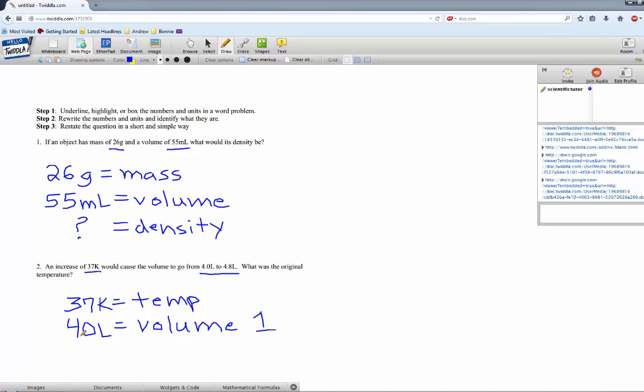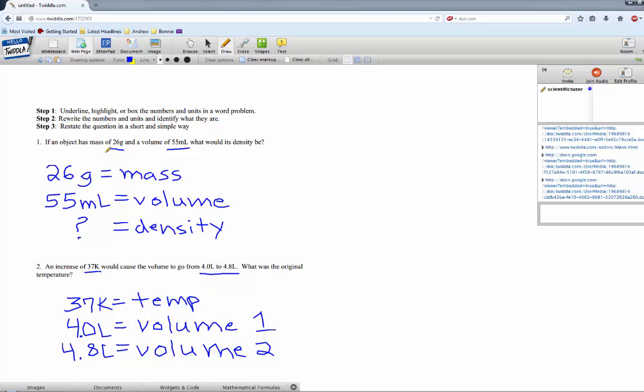Sorry, I didn't put the point on this one. 4.0 liters for the last one. Then I have 4.8 liters equals this. Since it's liters, it also equals a volume. Volume 2. So now I identified that I had 2 different volumes, both of them with the same units.